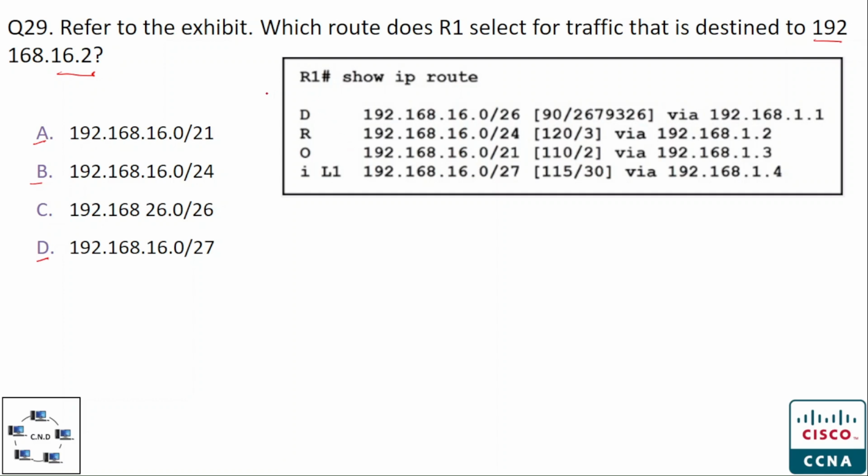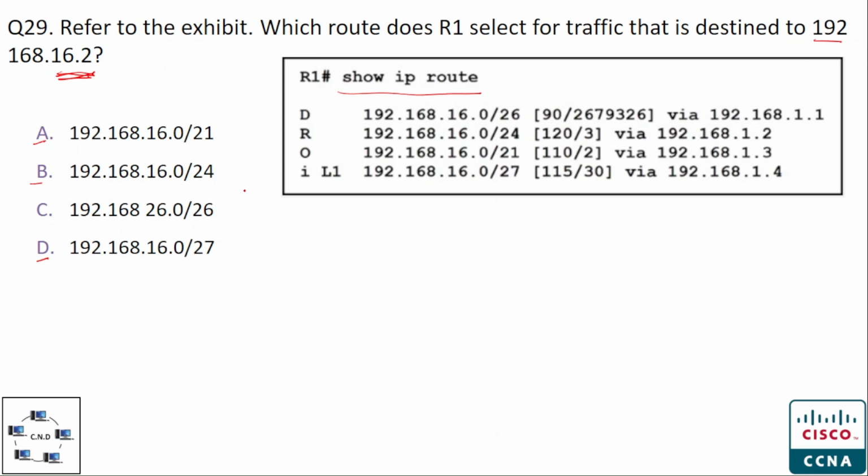So we want a route that can be used to reach this destination 16.2, and we have multiple routes as shown here in this routing table. So which route will be selected by the router inside the routing table?